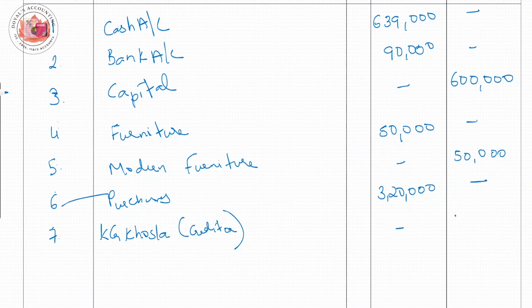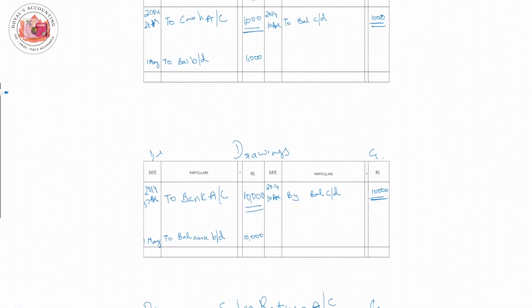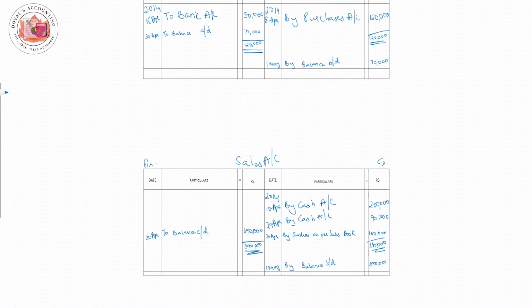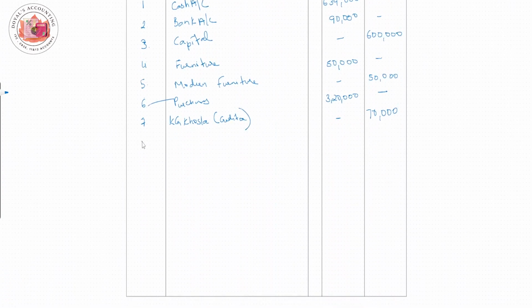We owe him 70,000. Now the next account is sales account. Credit balance of 3,90,000. Number 8, sales, 3,90,000.